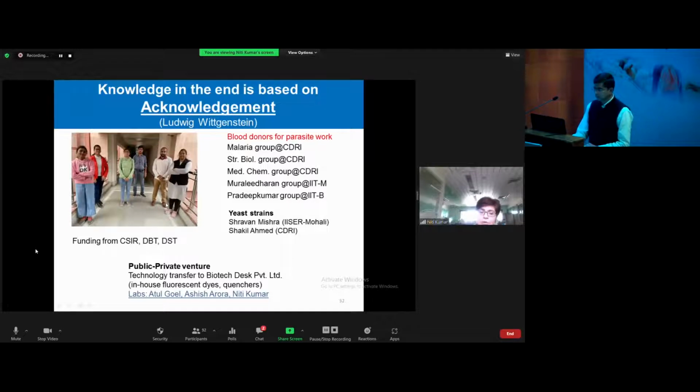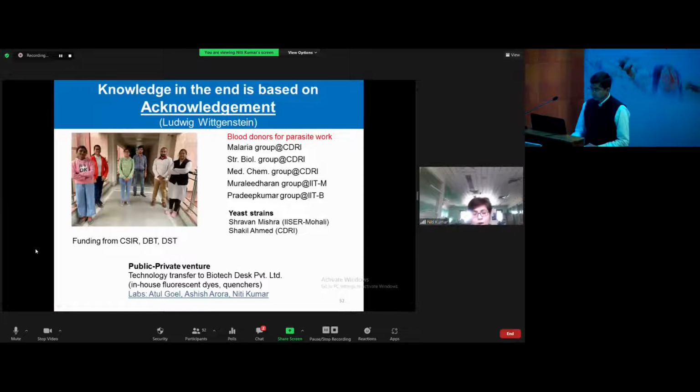This is my current group, and I'm very proud to mention that Aradhya and Anas were the first batch of student volunteers who helped in setting up the COVID testing lab in CDRI in April 2020. And during the same time, our lab, along with Atul's and Ashish's lab, we ventured into a new area.